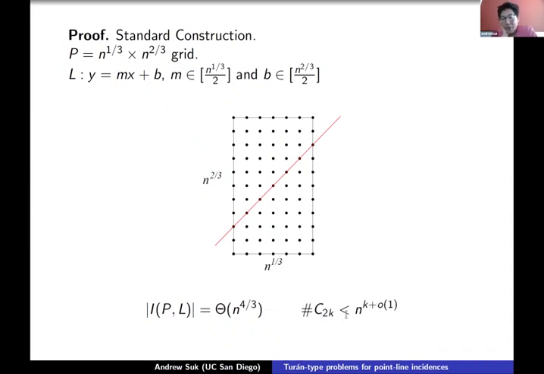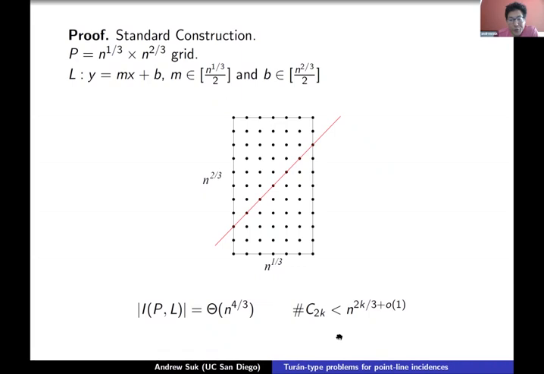And so you can easily conclude that the number of cycles of length 2k would be basically n to the k. But what we were able to show is that the number of cycles of length 2k in this incidence graph is at most this quantity here, which is tight. And even this little o(1), the plus little o(1) here, is necessary.